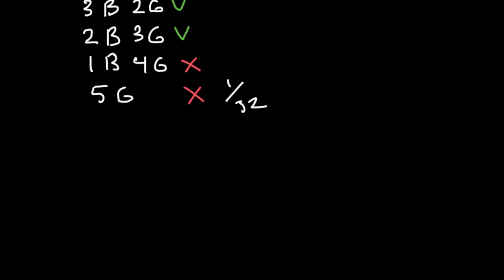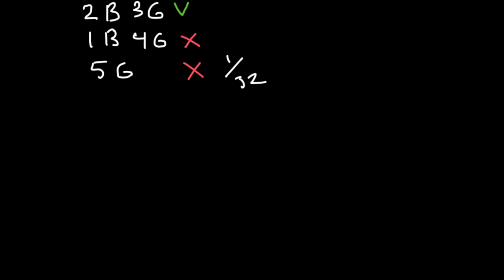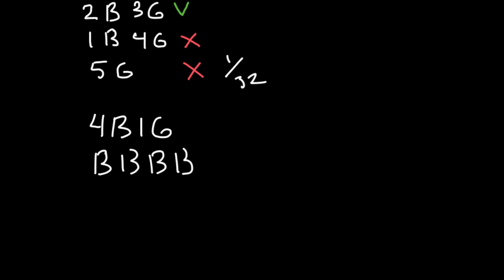So let me clean a space. So 4 boys and 1 girl. How many variants we may have? We may have first child a boy, second a boy, third a boy, fourth a boy, and then a girl. Another variant would be a boy, a boy, a boy, a girl, and a boy.